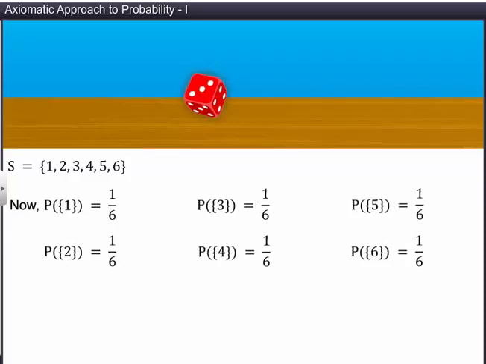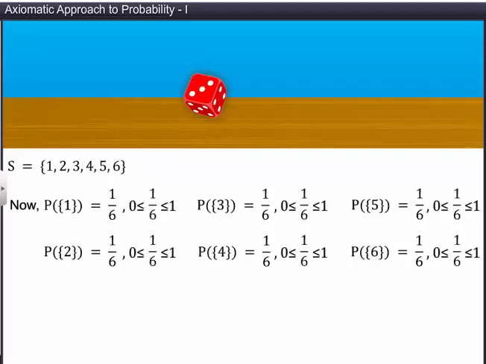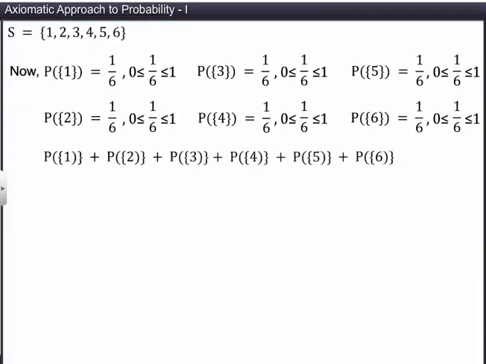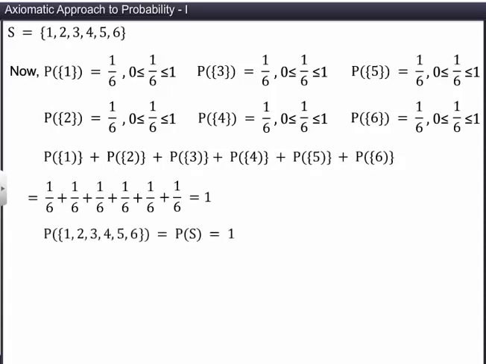We also notice that the probability of each event lies between 0 and 1. Hence, the probabilities of the events satisfy axiom 1. Now, let's add the probabilities of all the events, which is equal to 1. This implies that the probability of S is equal to 1. Hence, the probabilities of the sample space satisfy axiom 2.